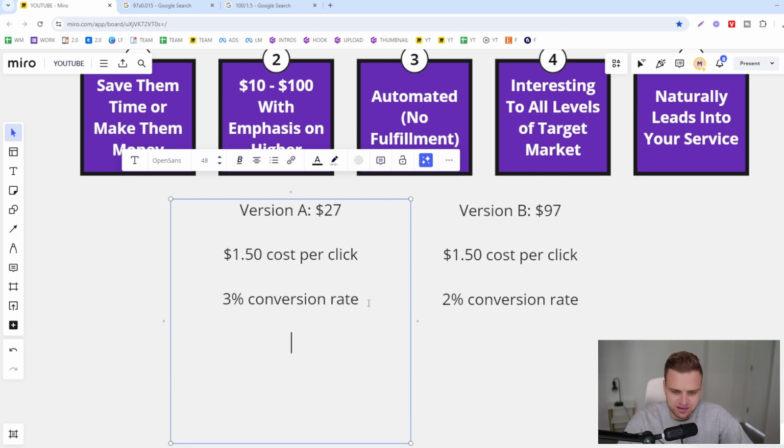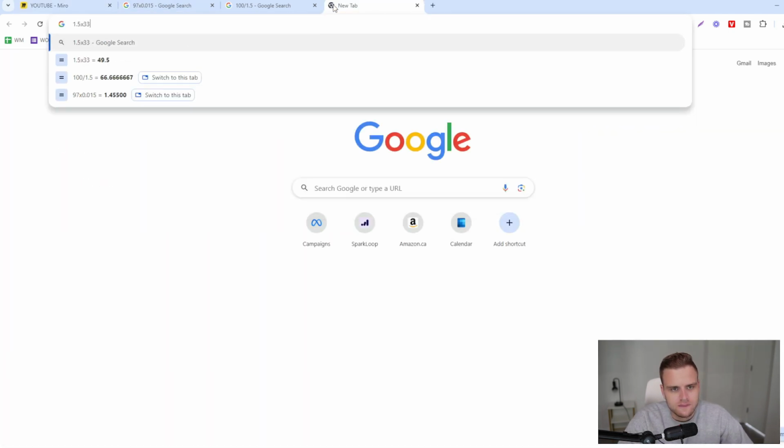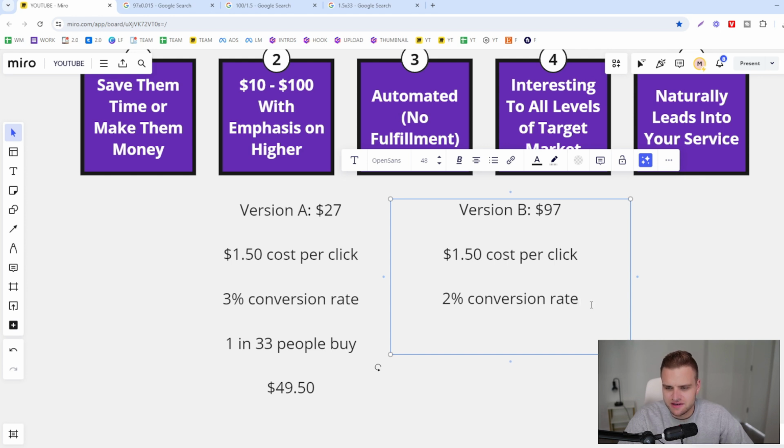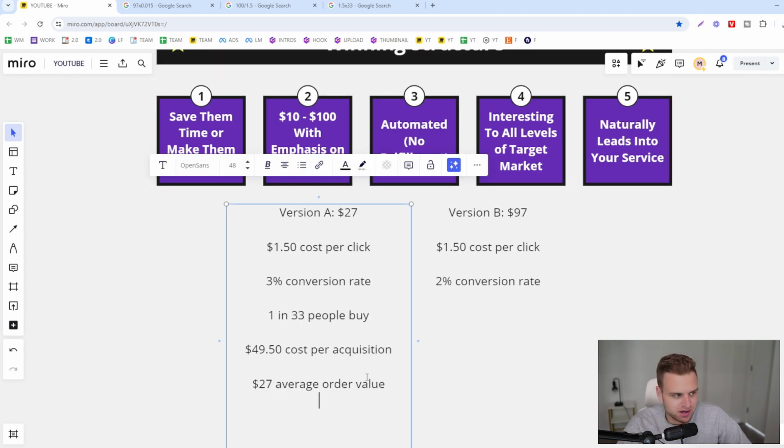So if you had a 3% conversion rate, that's 1 in 33 people buy, times the cost per click of $1.50. That's $49.50 cost per acquisition, but with the $27 average order value, we're losing money in this situation.